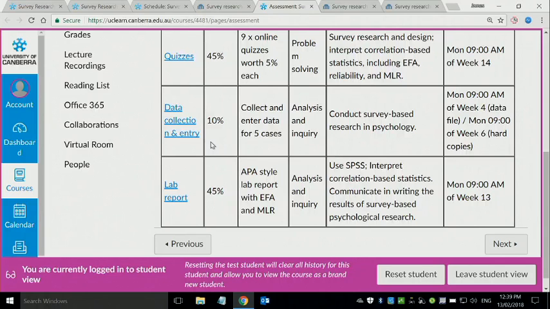So this has 2 parts, the electronic data submission part and then the hand-in of the hard copy surveys. So the first thing that you need to make sure you get done is by the beginning of week 4, Monday 9 a.m. week 4, which is a bit less than 3 weeks' time, you need to have, I'll explain this in a bit more detail in a moment, but essentially downloaded and printed out a survey that I'll give you.